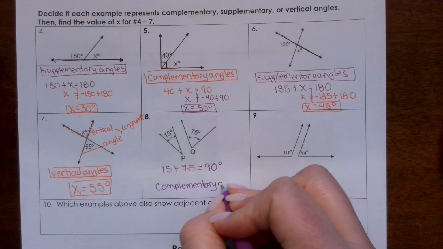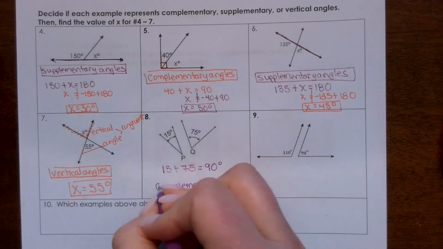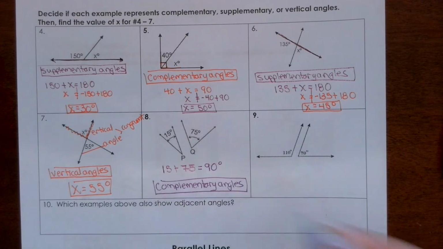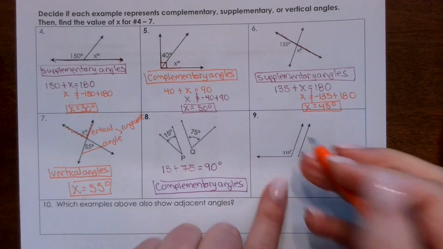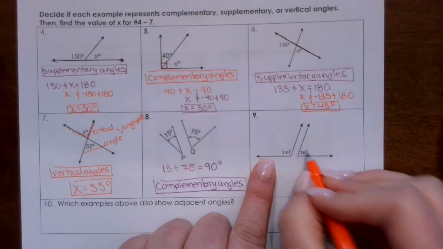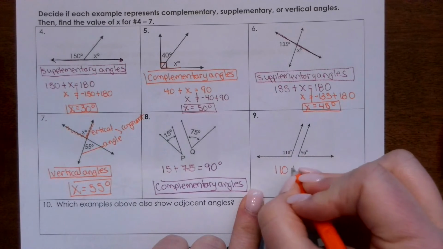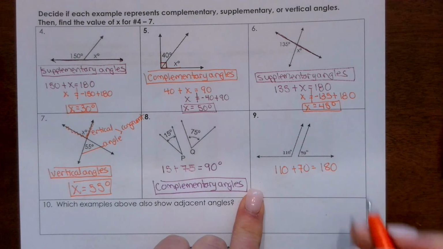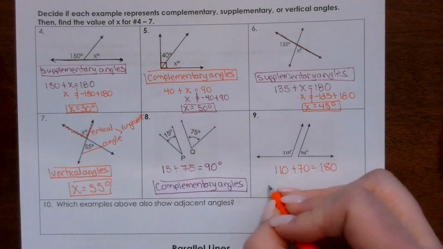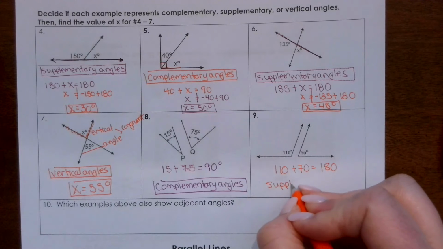Because a complement is always right. Now, let's take a look at these next two angles. I know, again, they're definitely not vertical angles, but I can see that I've got two measures. I'm going to add them. If I add 110 plus 70, I will get 180. 180 degrees represents supplementary angles.